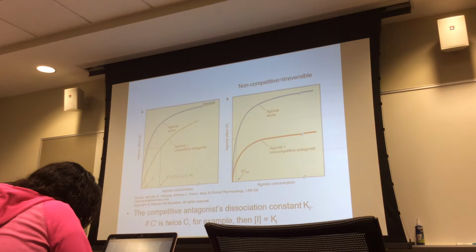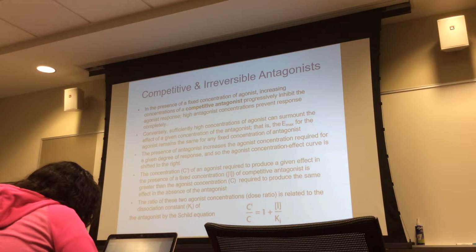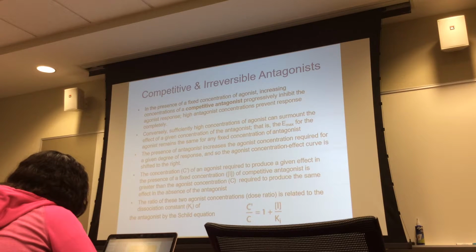When C dash is twice C, then I will equal Ki. Why? 2 divided by 1 is 2, which equals 1 plus something, and that has to be 1. So in this case the concentration of the inhibitor is equivalent to the Ki, the dissociation constant. This could be a multiple choice question, or calculate Ki, at what concentration you'll achieve the Ki, and so on.